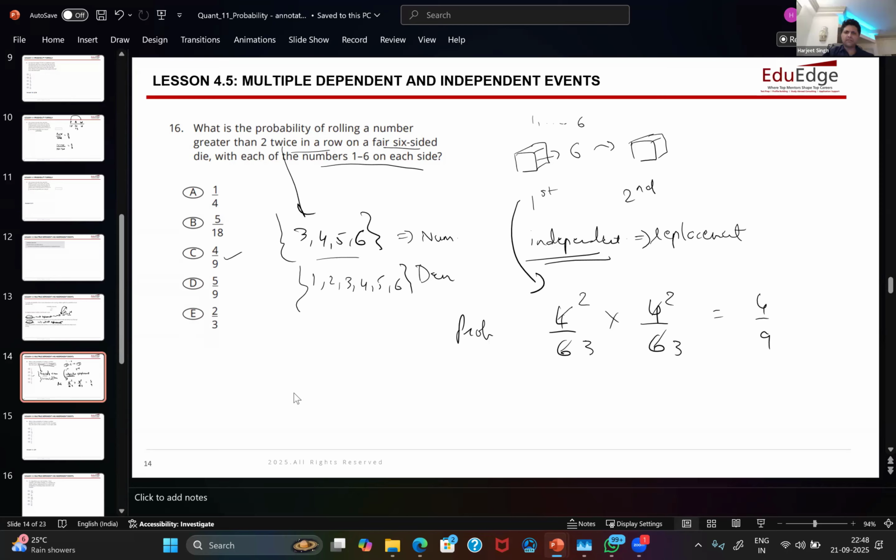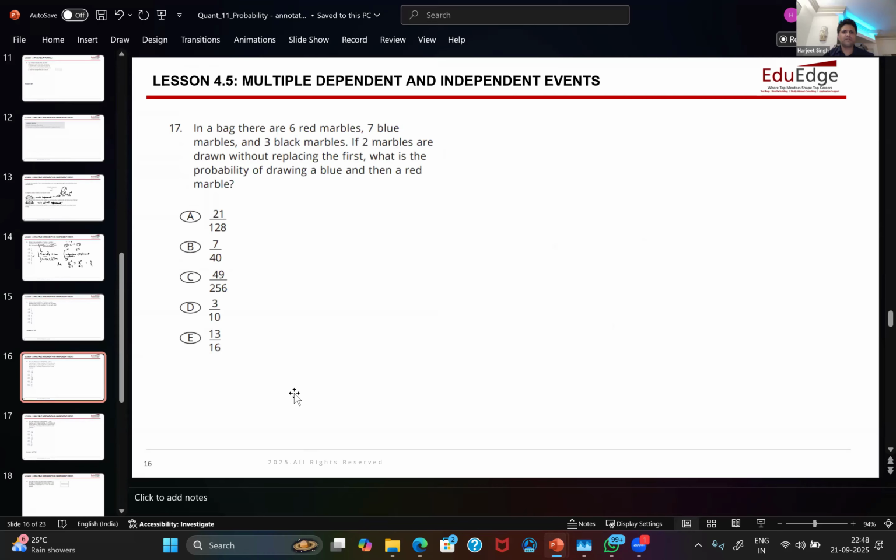Next. This is clearly a without replacement problem. In a bag, there are 6 red, 7 blue, and 3 black.